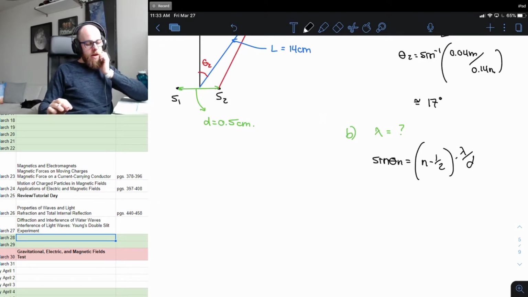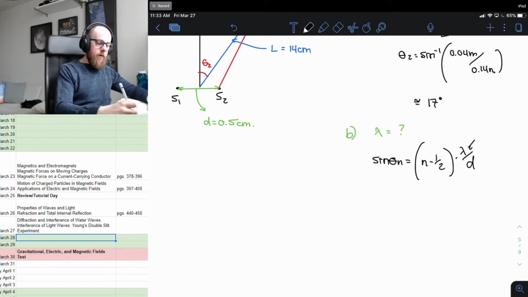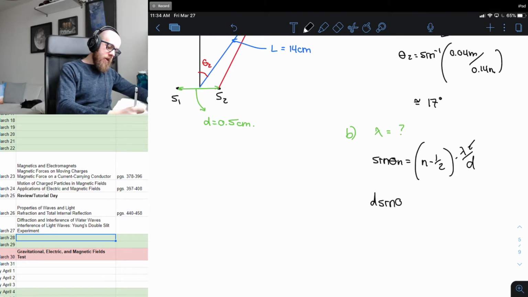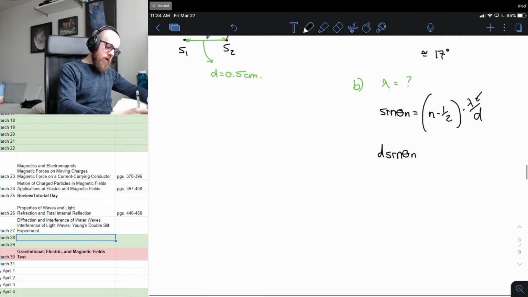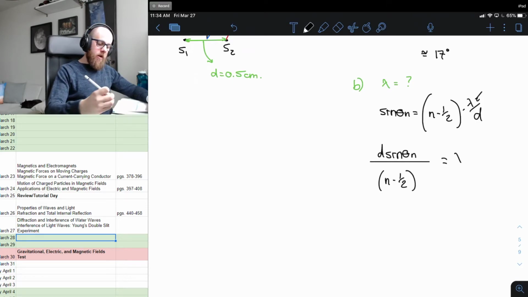I know everything I need here. The only thing I don't know is lambda, so I can solve for that. I'm going to rearrange this, so I get d sine theta n over n minus a half equals lambda.